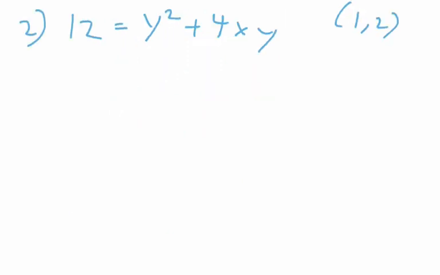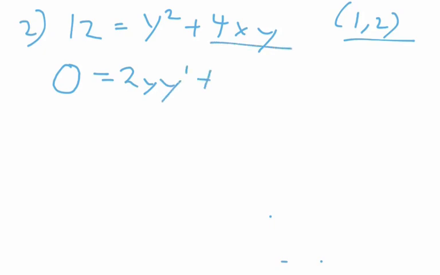Alright, for this problem we need to find the equation of the tangent line. So I know most of the information because I have the point. I just need to know the slope. So in order to get the slope, I'm going to take the derivative, and the derivative of 12 is 0. The derivative of y squared is 2y prime, and for this one we're going to have to do the product rule.